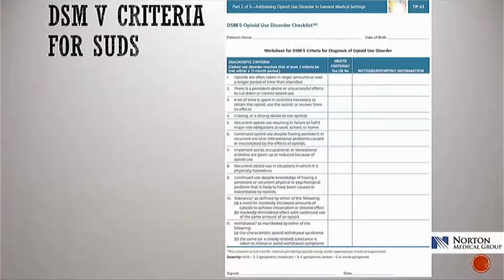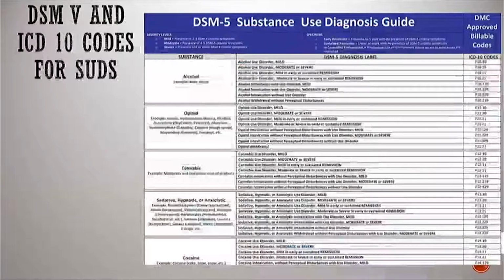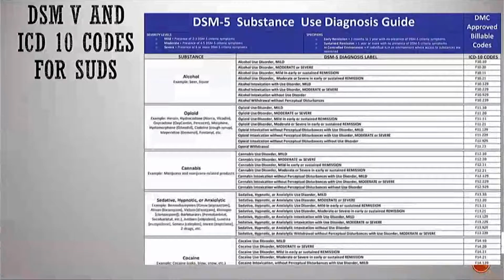And here are some DSM-5 and ICD-10 codes. What I want to show you about this is not the codes themselves, but specifically that the substance use disorder coding and diagnosing is simply based on the substance of use. So alcohol use disorder, opioid use disorder, cannabis use disorder, sedative use disorder, cocaine use disorder, it's all the same.